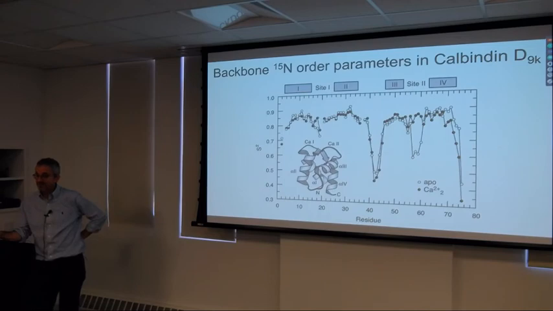So Josh's group has measured calorimetric binding and relaxation data on a whole series for calibrating this. And then Babis Kalodimos's group, when he was in Minnesota, did the same thing with a series of mutants of a protein I can't remember, and also showed really very, very striking results.